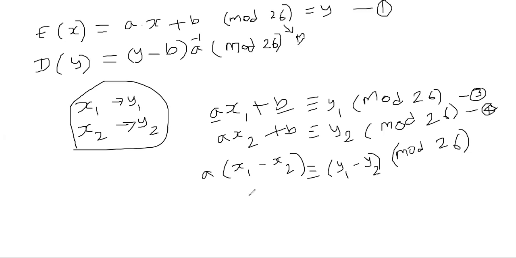In that case, A is nothing but the inverse of X1 minus X2 times Y1 minus Y2. So you found A now. Once you found A, you can go back to equation number 3 and find B easily, because you have only one variable left. This is also in mod 26.